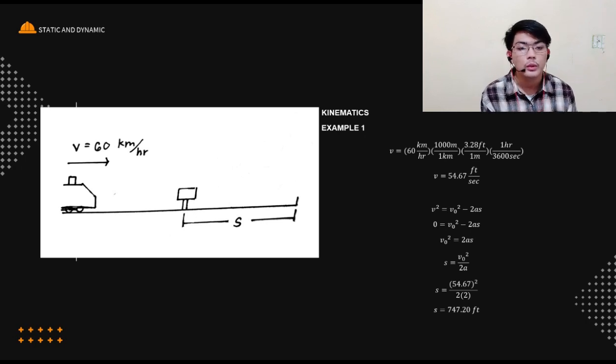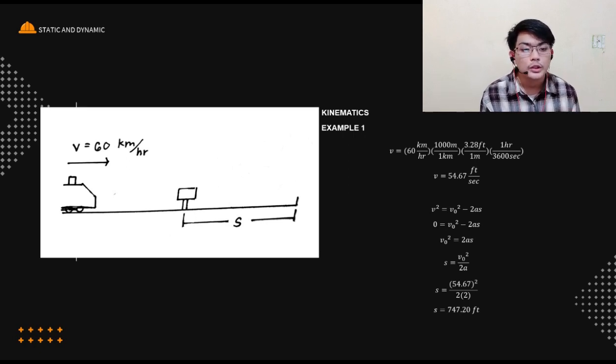Then, moving forward in the equation, now we have to use the formula, our final velocity squared equal to our initial velocity squared minus 2 acceleration and distance. So now since our final velocity would equal to 0, we have 0 equal to our initial velocity squared minus our 2 acceleration and then our distance.